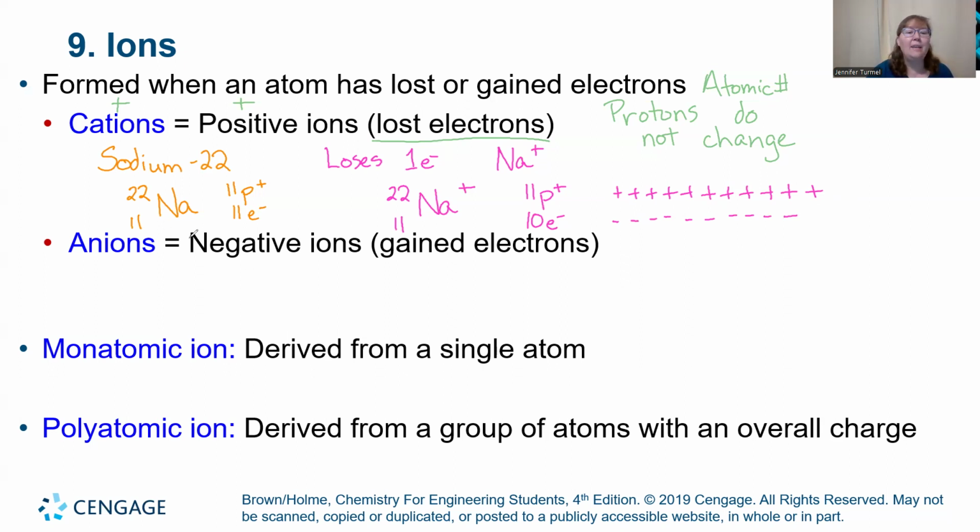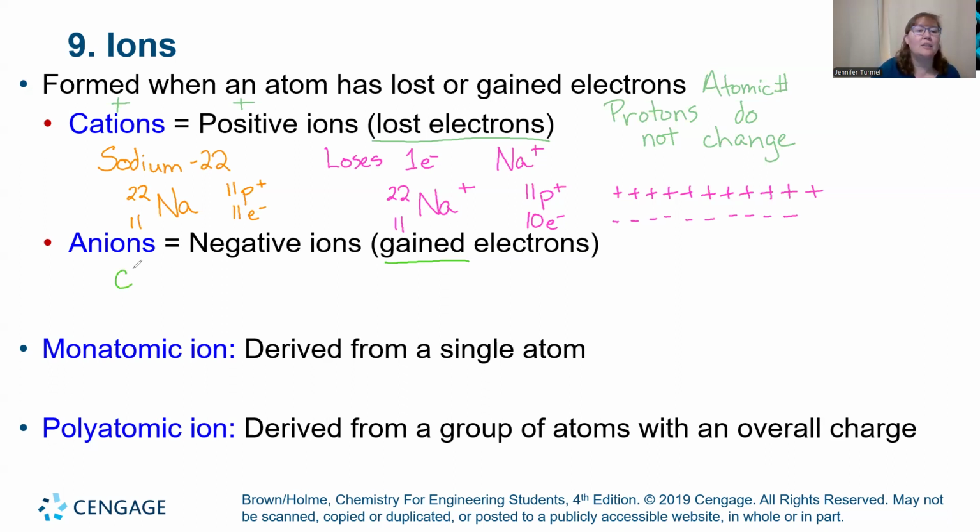Now, anions are negative ions, and in this case, we have gained electrons. A good example of an anion that has gained electrons is chlorine.